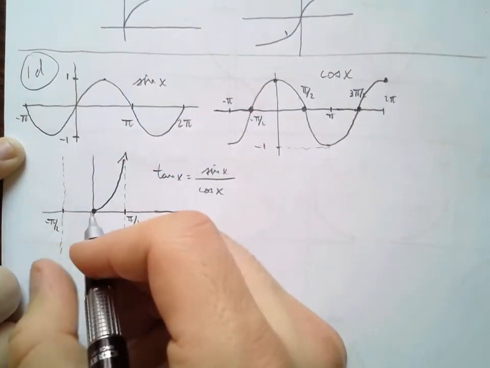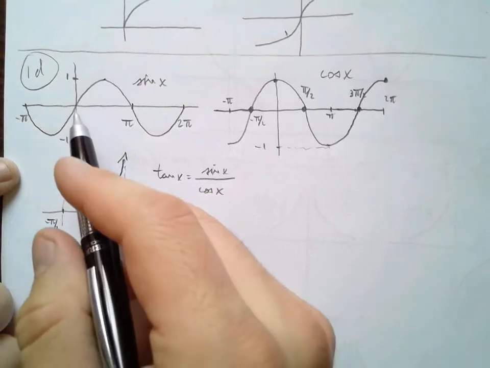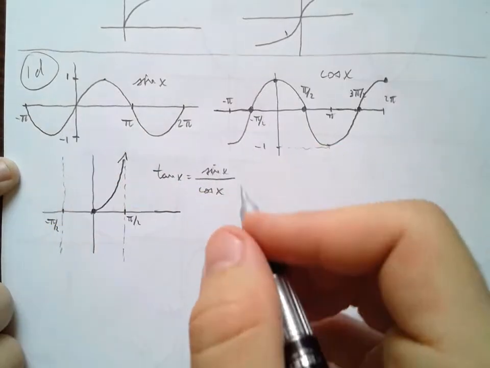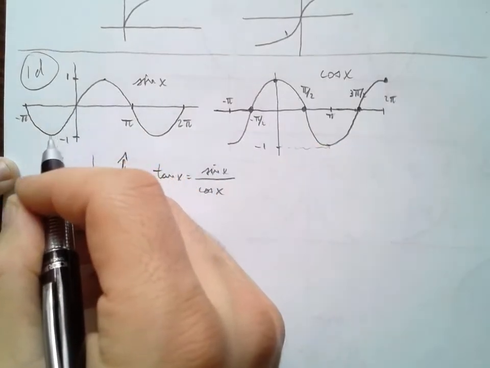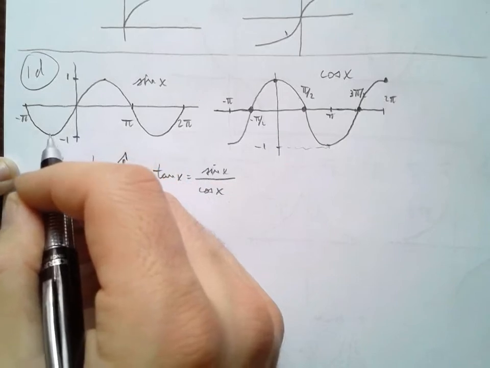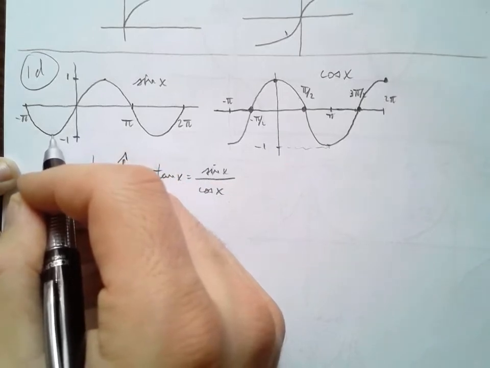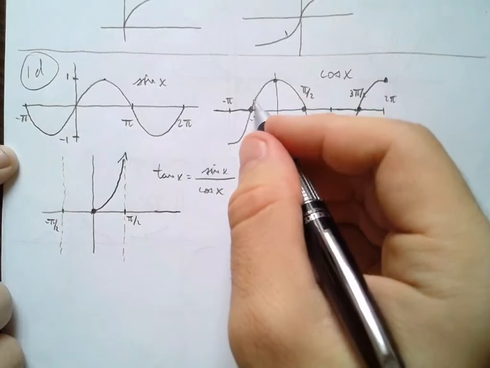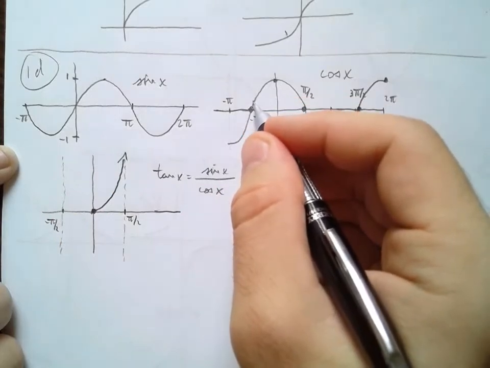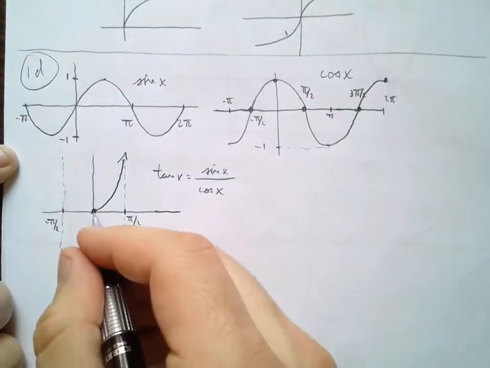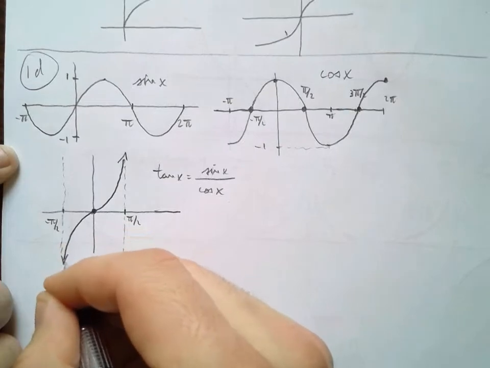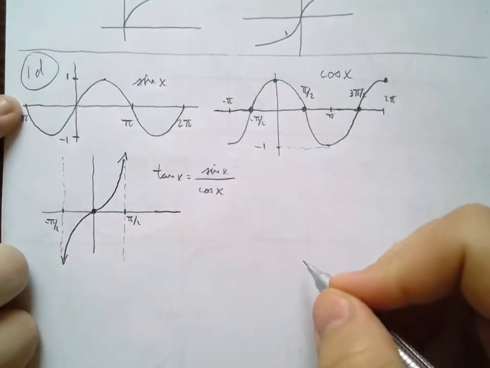And then on the other end, as I approach minus pi over 2 from the positive side, the sine part is going to be negative, so the numerator is negative. But the cosine approaches 0 also still from the positive side. So then I actually shoot off, because of that negative, to minus infinity. So that's the graph of tangent.